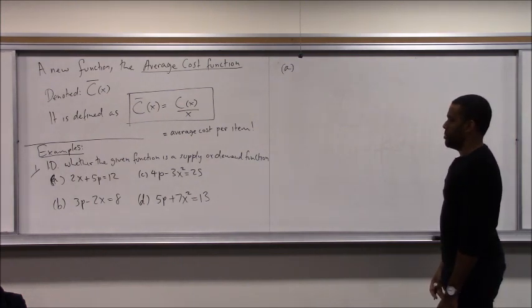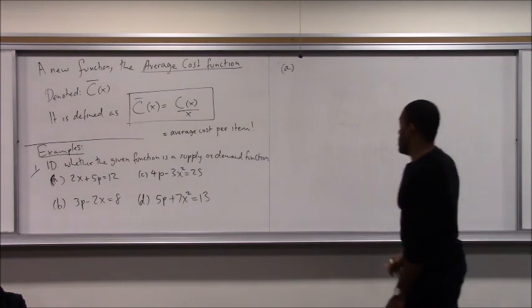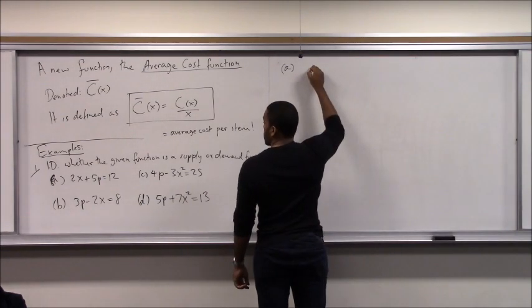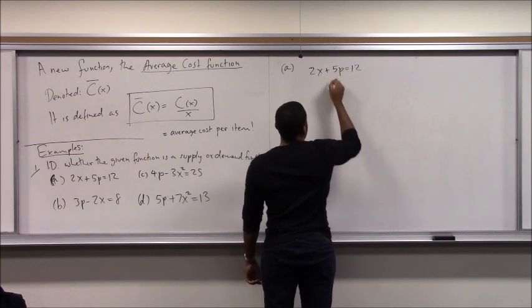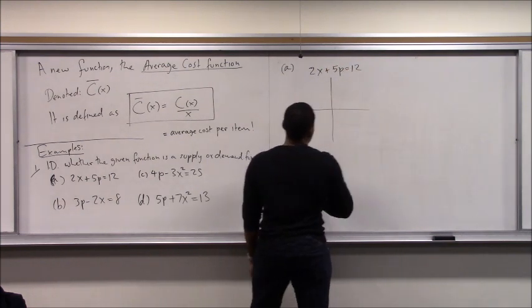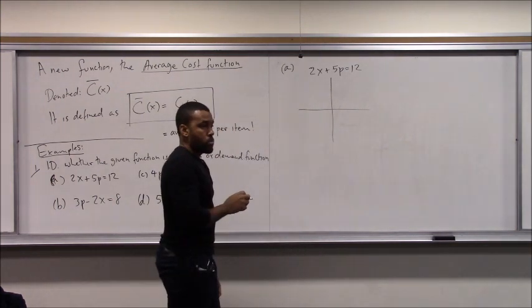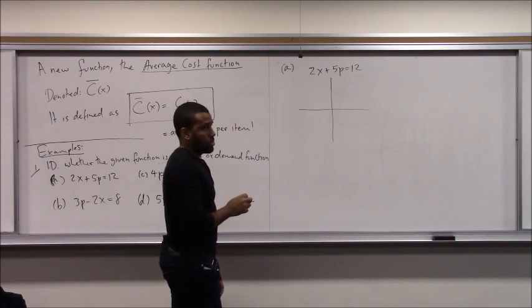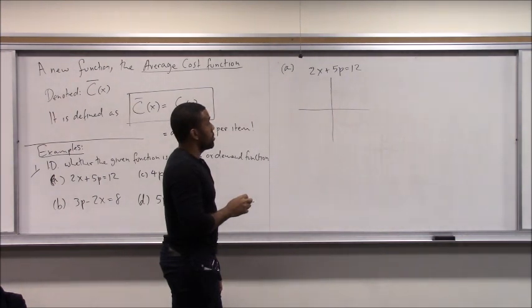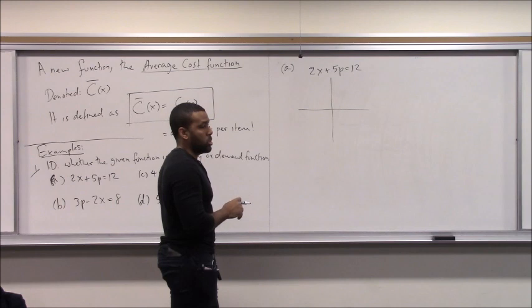Supply? Well, how do you sketch A? So it's a straight line. How would we sketch this line? Because it's like a negative. Going down. Yeah, how would you plot it?